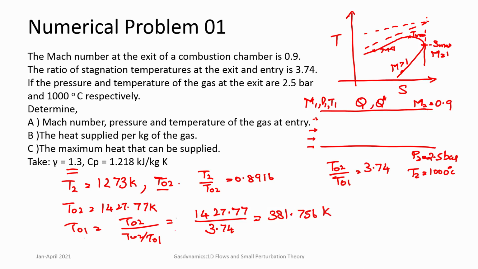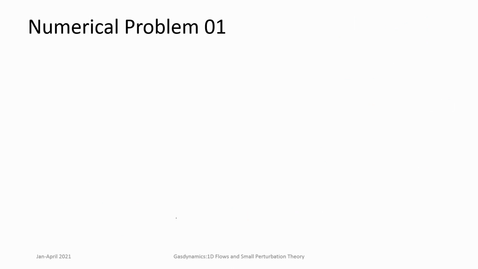So, we have found the inlet stagnation temperature. Now, how do we get the inlet Mach number? T02 by T01 is T02 by T0 star divided by T01 by T0 star.